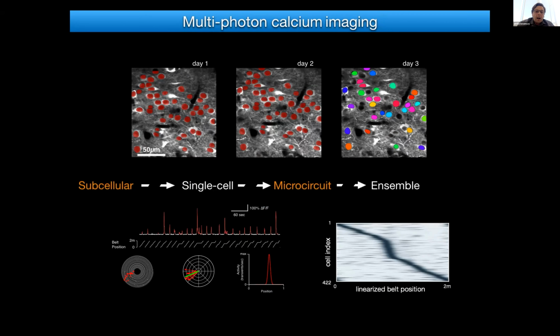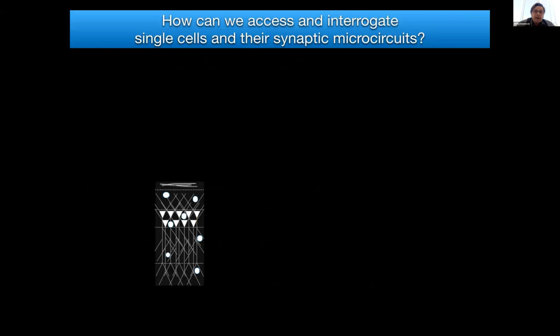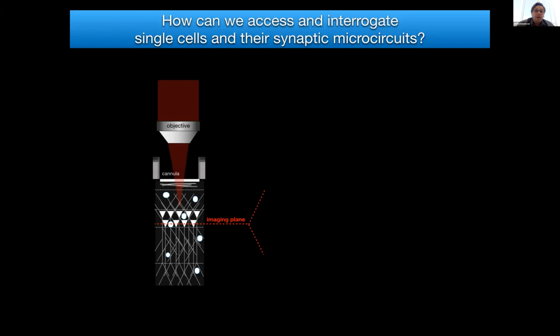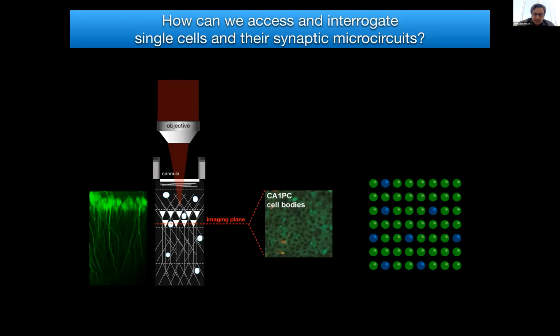So our favorite approach of in vivo two-photon calcium imaging, for example, provides functional access to a large number of cells, but it does not right away tell us about their local circuit connectivity.